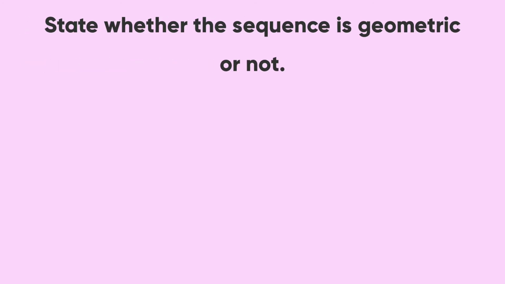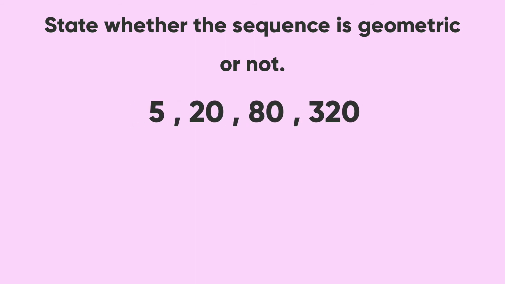Third example: state whether the sequence is geometric or not. So I have here 5, 20, 80, and 320. To find out if the sequence is geometric or not, we will get first the common ratio.